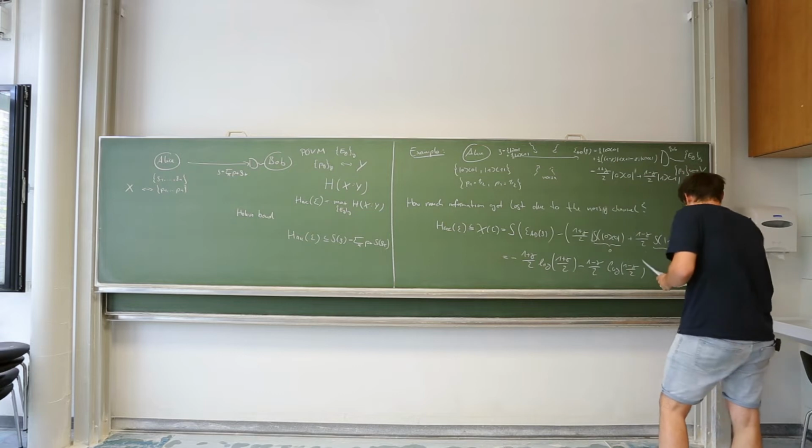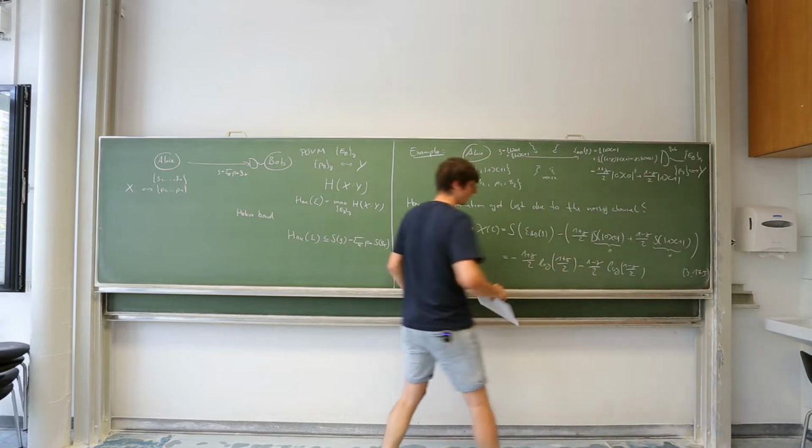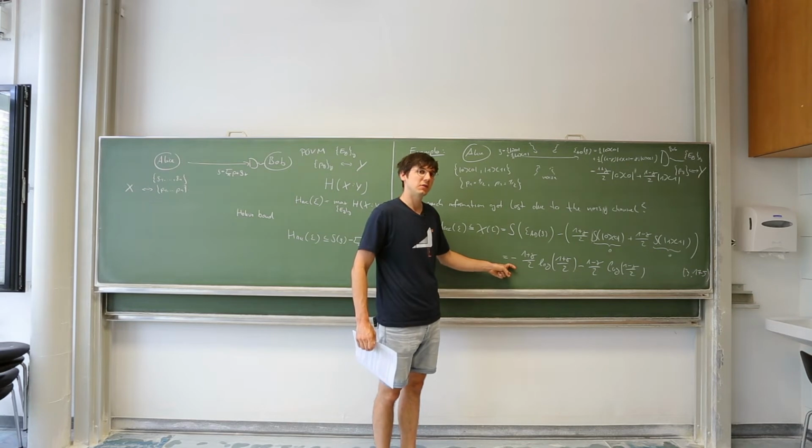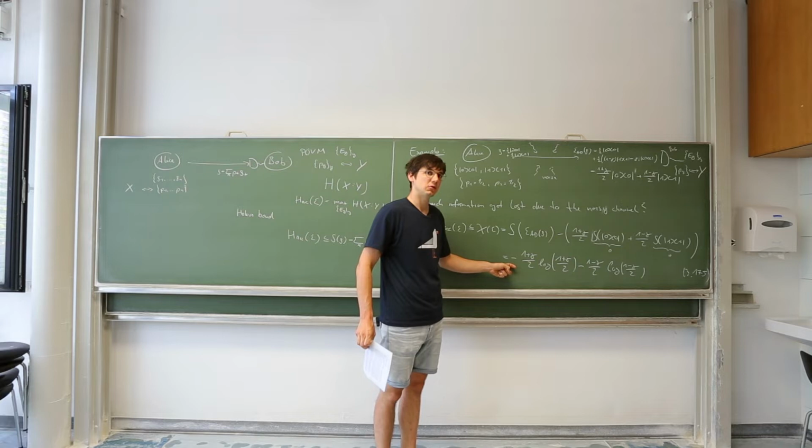So this is equation 3.175. Well, and with this, we specified how much information Bob can gain about this random variable x, right?